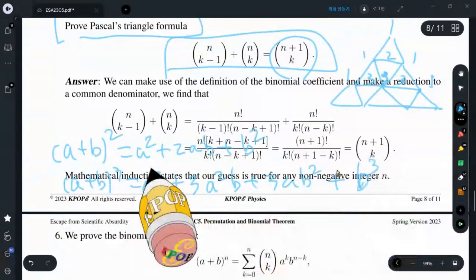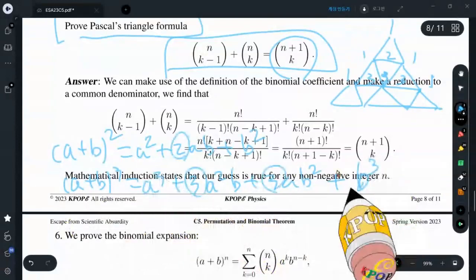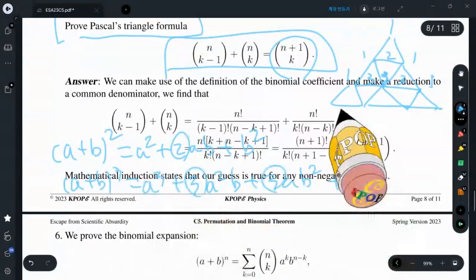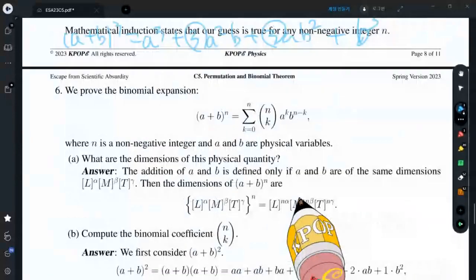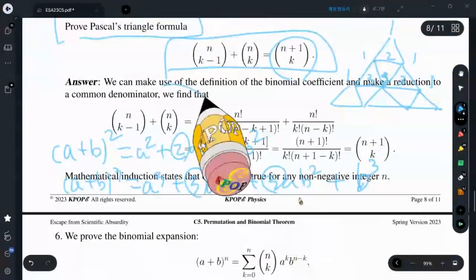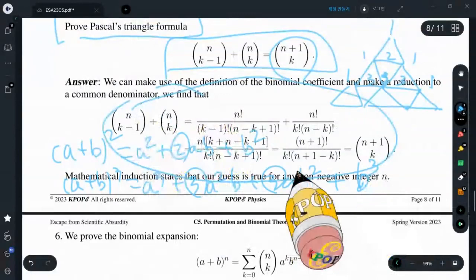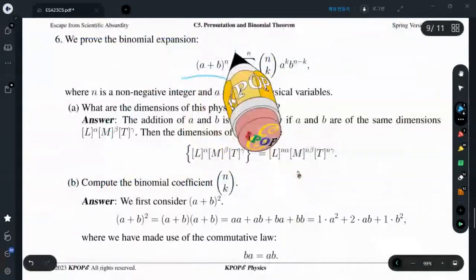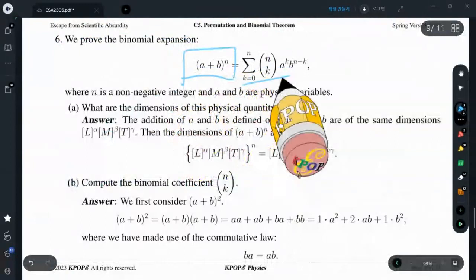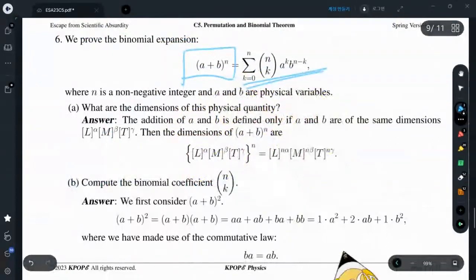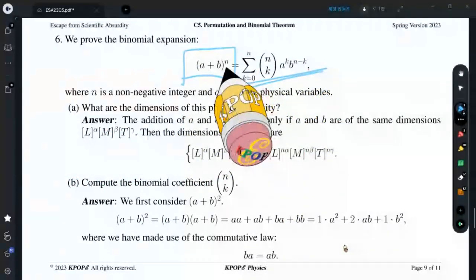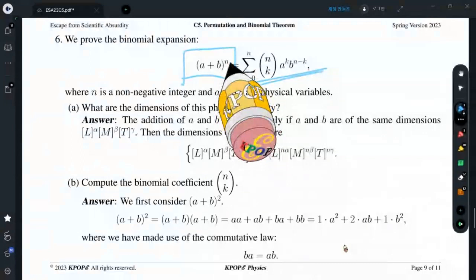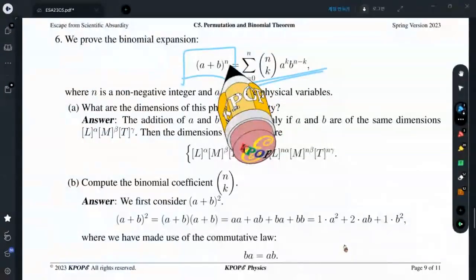So these relationships among the binomial coefficients are called Pascal's triangle. If you can prove this Pascal's triangle using these calculations, then you can expand a plus b to the nth power for any non-negative integer. Actually, Newton generalized this one to fractional powers. So that's the beginning of the Taylor series expansion.